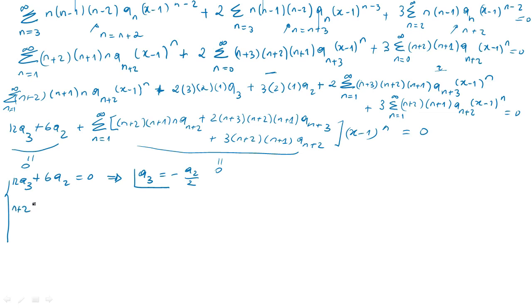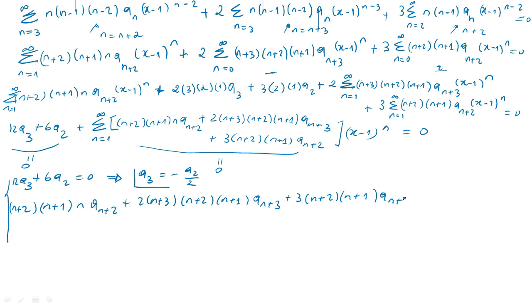Okay, and the other expression we have is that (n+2)(n+1) a_{n+2} plus (n+2) a_{n+2}... so we see like terms that can be cancelled from this already.